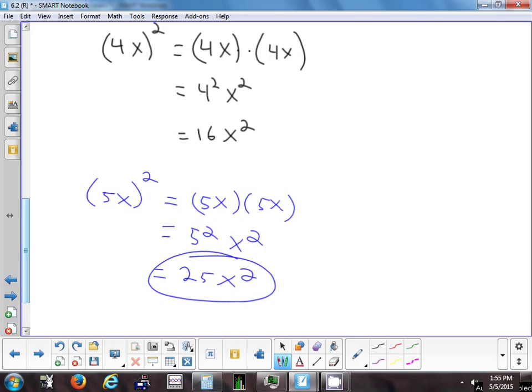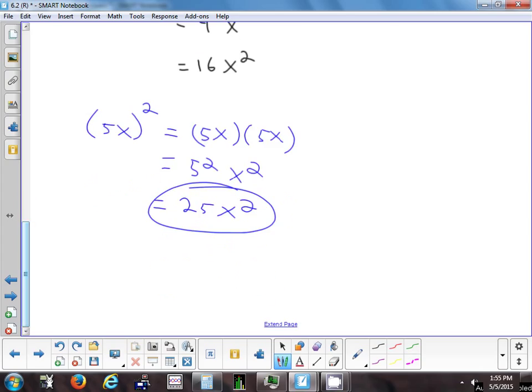Yes, we multiply these two to get x squared. 5 times 5 is 25, and the exponent is 2. Any other questions? Try to remember where the formula comes from, so if you forget it, you still have some way to answer the question.